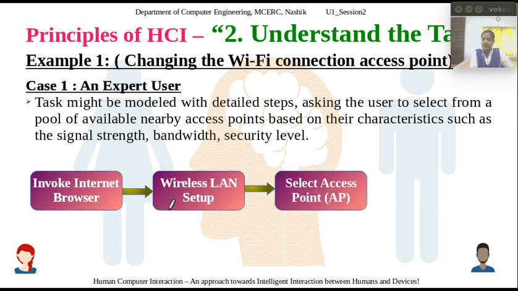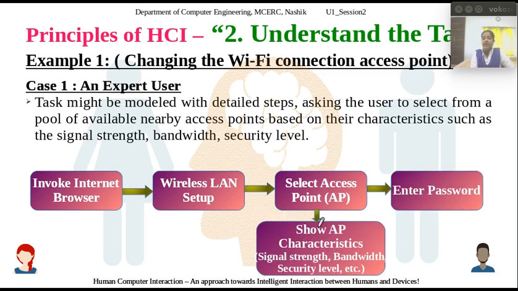After setting up the LAN connection, I will select the access point from the list of access points that I have, correct? Now while selecting the access point also, I will try to know the details about various basic things, like what kind of signal strength that access point is providing me, what kind of bandwidth that access point has, what kind of security level there will be, means WPA security or any other type of security, yes or not.